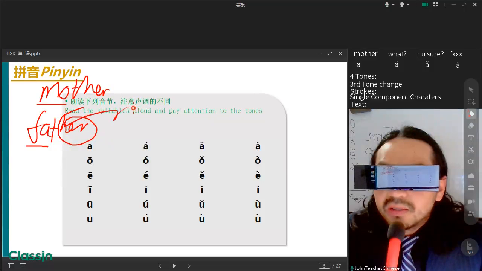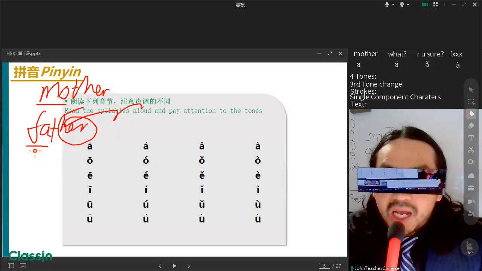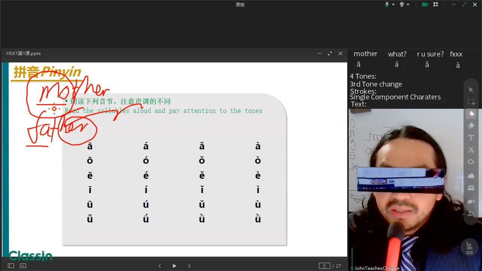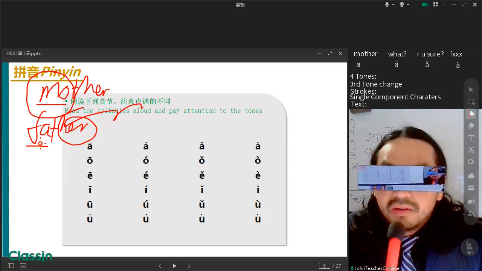Remove this part. How are you gonna say fa? You just read ma, fa, mother, father. The feeling of how you read this sound is just the feeling of how you should read the first tone. Ma, fa. So this is the o.